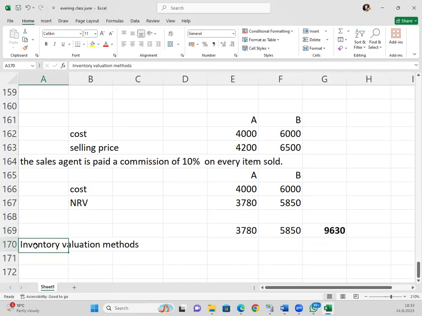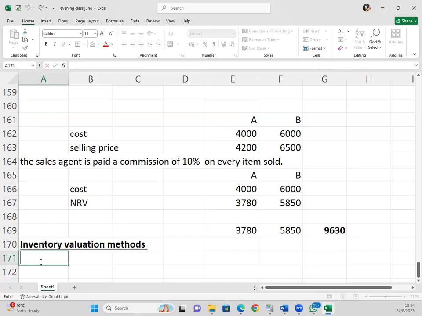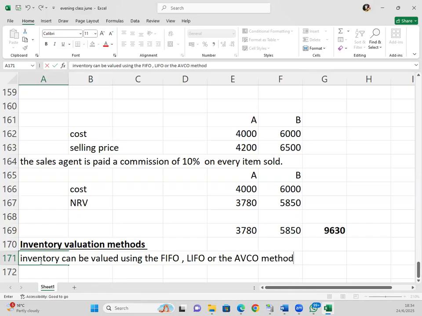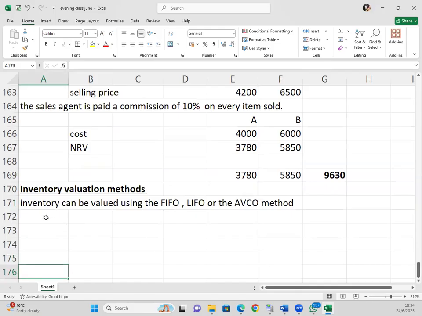Inventory can be valued using the FIFO, the LIFO, or the AVCO method.